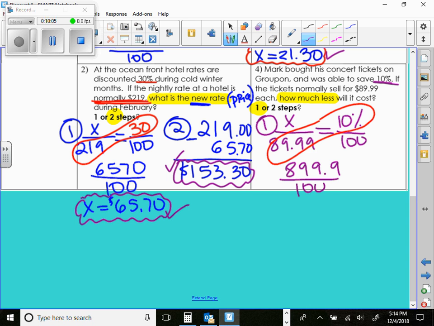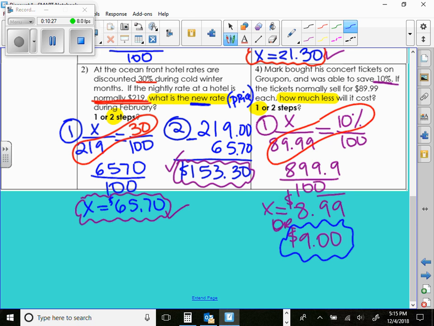Divide that number by 100, and we'll find that he saved $8.99. Or we can say it's $9 because the numbers would just repeat themselves as 9. So using Groupon, he saved $9 on his tickets.